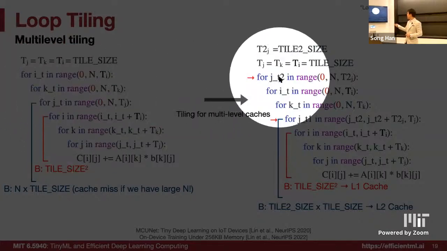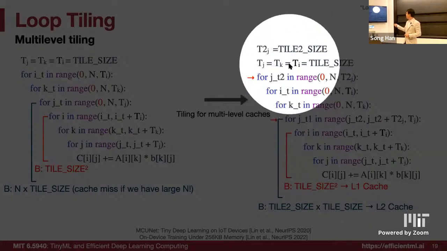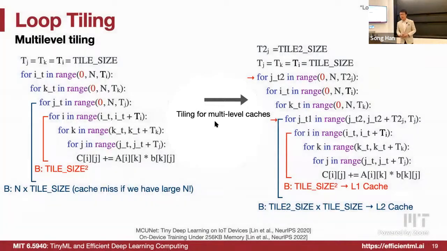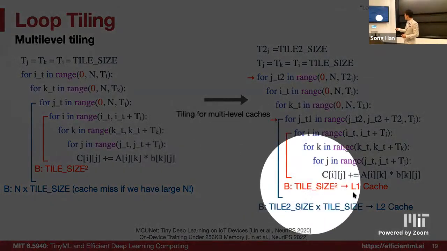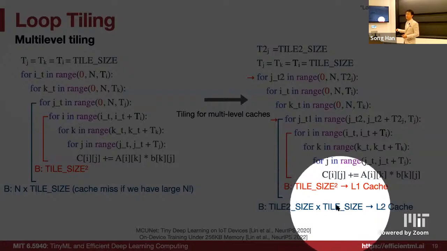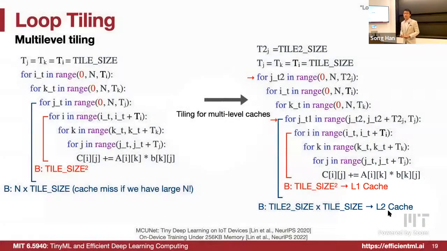Actually, we can add one more, tile 2, with a tile 2 size. We do multi-level tiling. So we can make sure the tile size squared can fit in the L1 cache, and tile 2 size times the tile size can fit in the L2 cache. That's how we handle multiple levels of caches. Just add one more for loop, one more tiling.